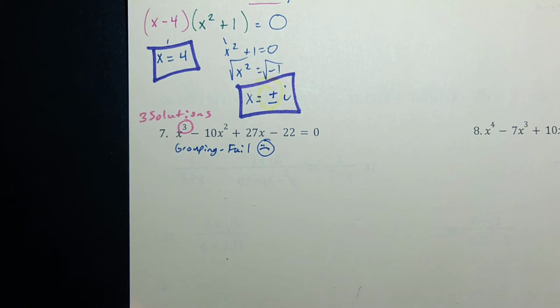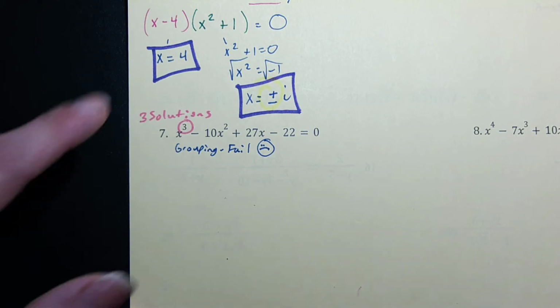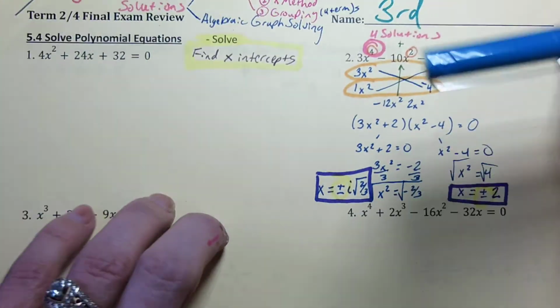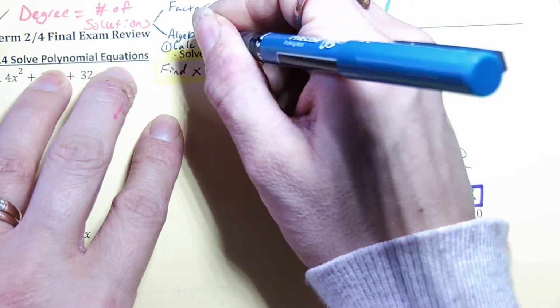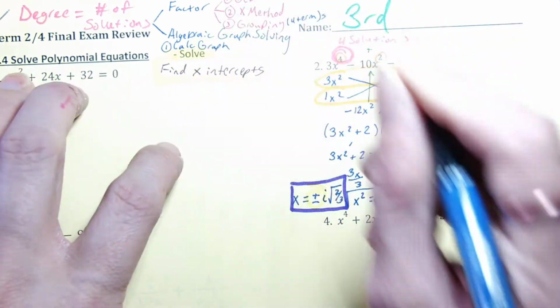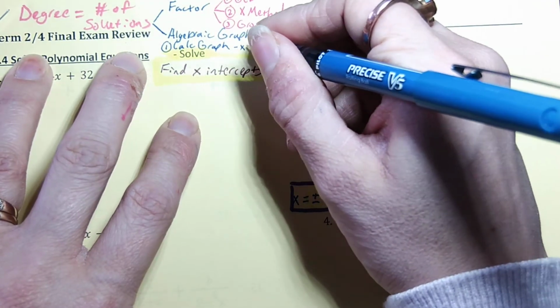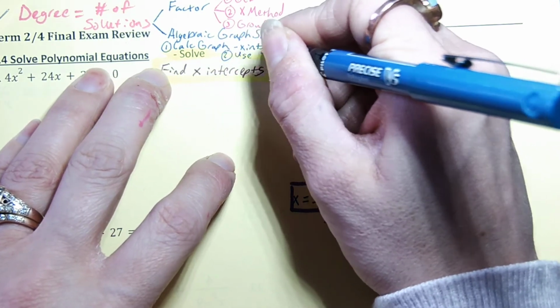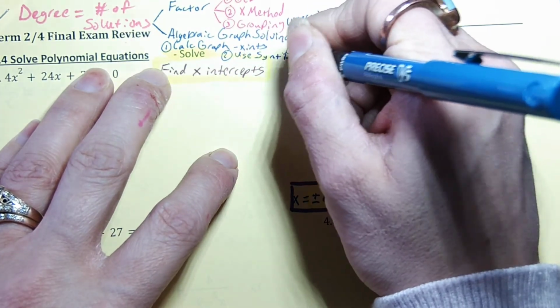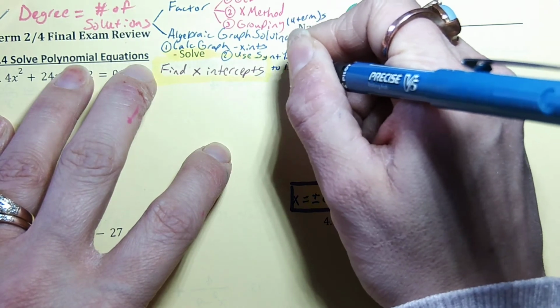This is where we use algebraic graph solving, starting with the calc graph to find x-intercepts, and then use synthetic division to depress the polynomial.